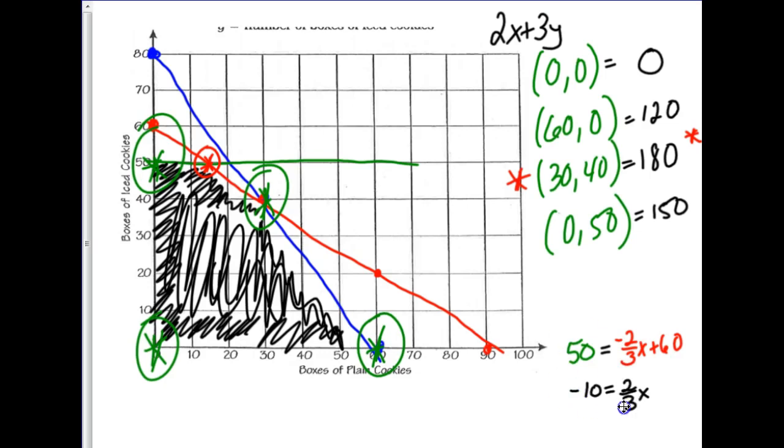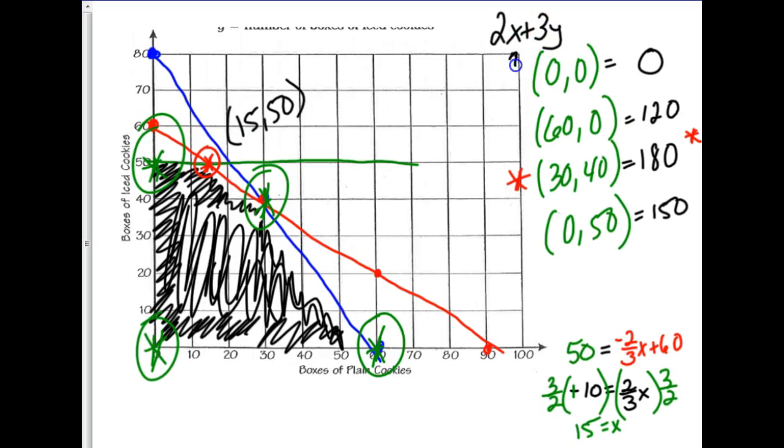And then I'd multiply by the reciprocal, 3/2. And I would get, what do I get? Negative, no, I did something stupid here. That's positive 10. All right, so anyways, I would get 15. There we go. 15 is x. So that intersection point is 15 comma 50.